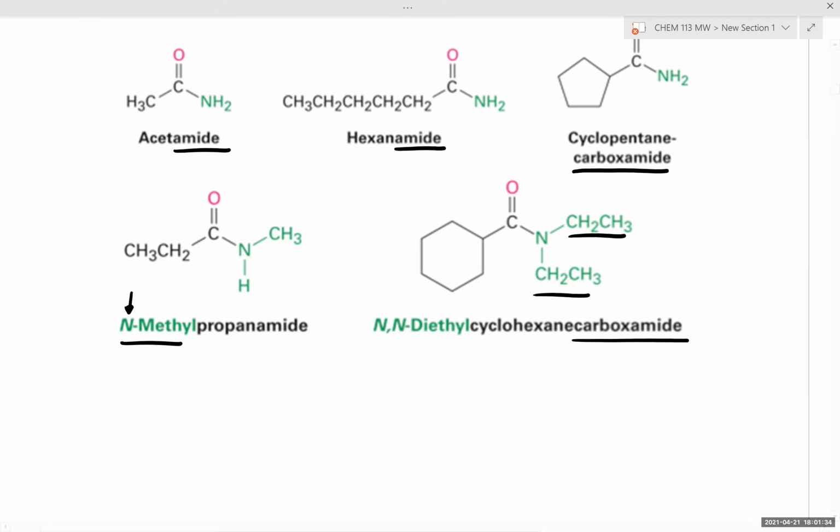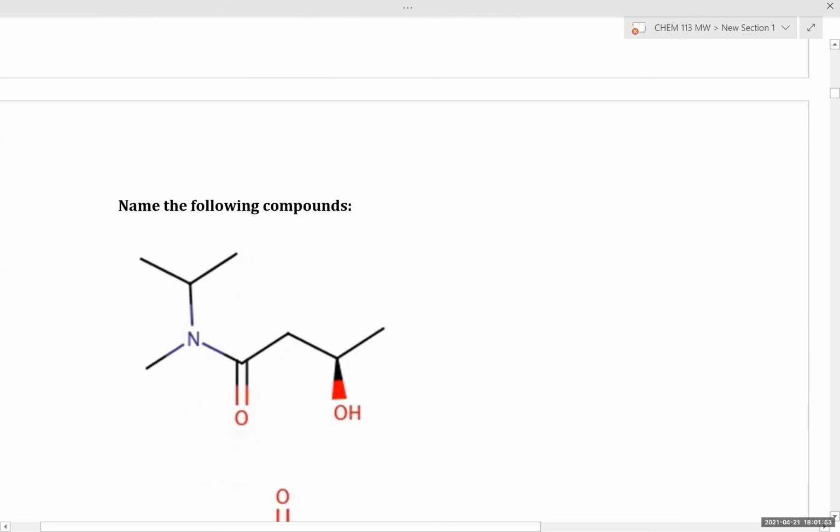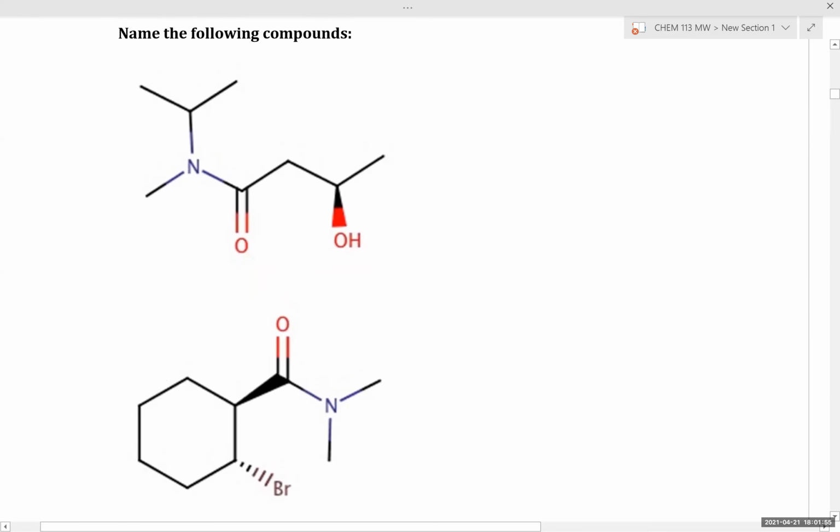Does this method make sense? Any questions on naming amides? Okay, let's keep going then. And let's try to apply what we've learned to name a few of these compounds.